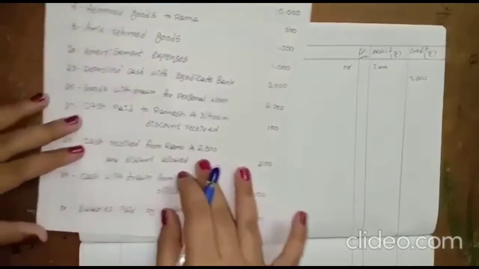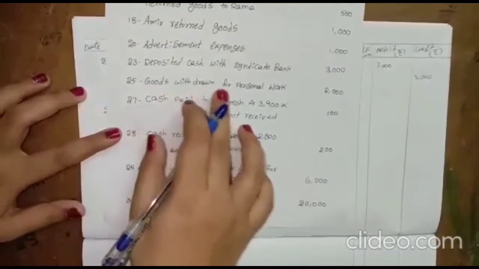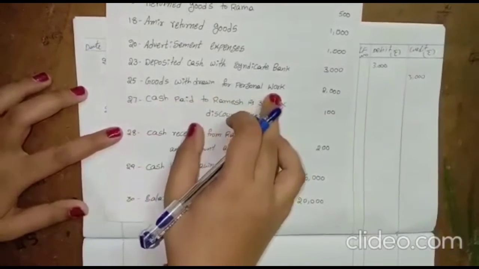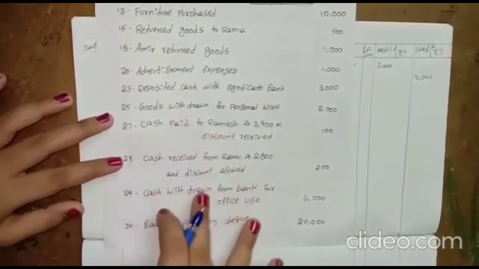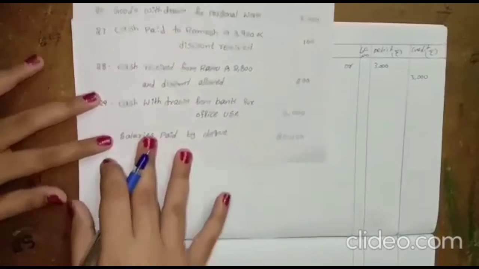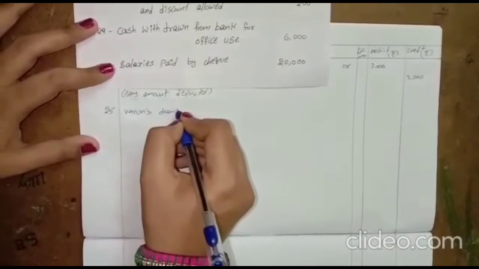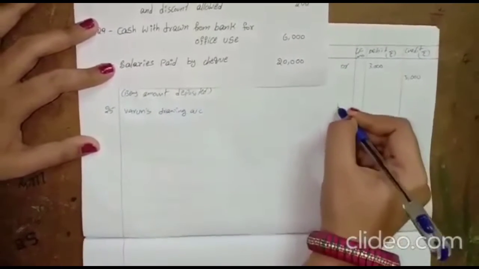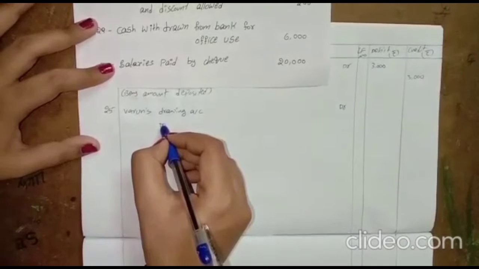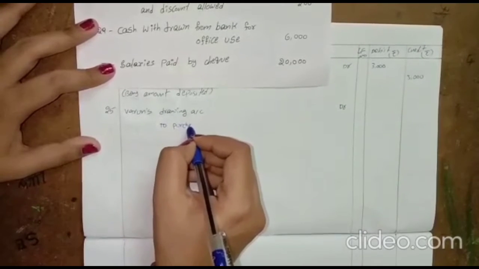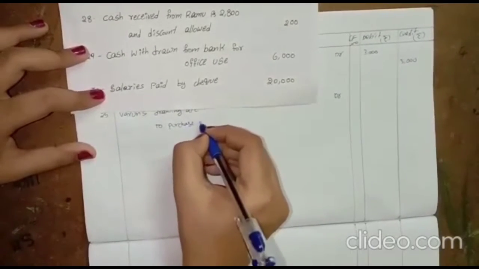And next transaction is on 25th. Goods withdrawn for personal work. We are writing the books of Mr. Varun, so it would be Varun's drawing account, debtor to purchase account.